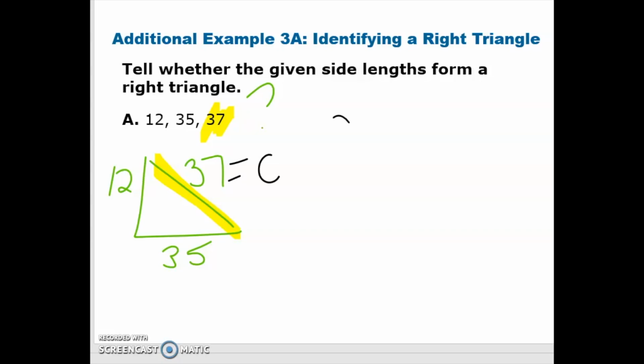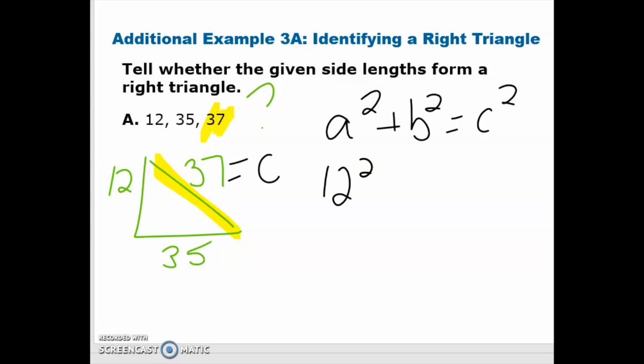So our Pythagorean theorem: a squared plus b squared equals c squared. All we're going to do is plug these numbers in and see if they make the equation true. So we have 12 squared plus 35 squared, and we're not sure, does that equal 37 squared?